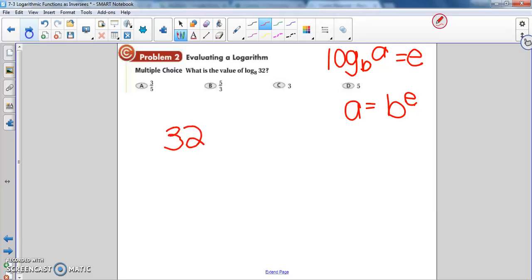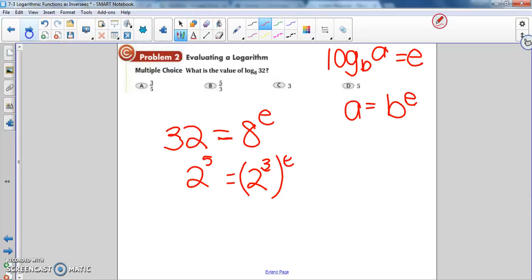So we have 32, our answer, is equal to our base 8 raised to an exponent. Now we're going to rewrite 8 and 32 so that we have a common base. 8 is 2 to the third power, raised to the e power, is equal to 2 to the fifth power, because 2 to the fifth power is 32.